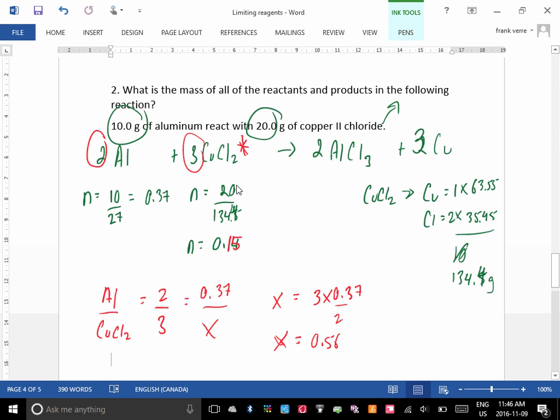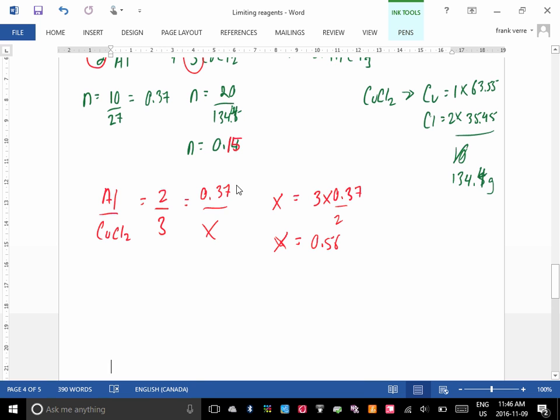So now we're going to rewrite the formula and think about how many moles. So it's 2 aluminum plus 3 copper II chloride gives us 2 aluminum chloride plus 3 copper.